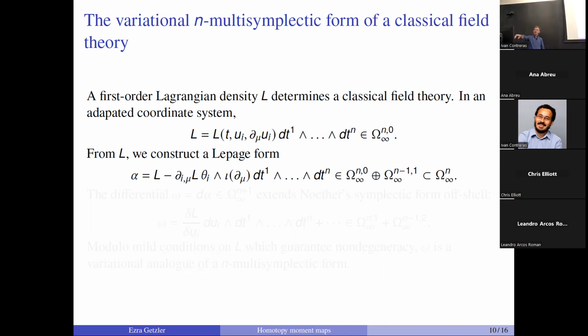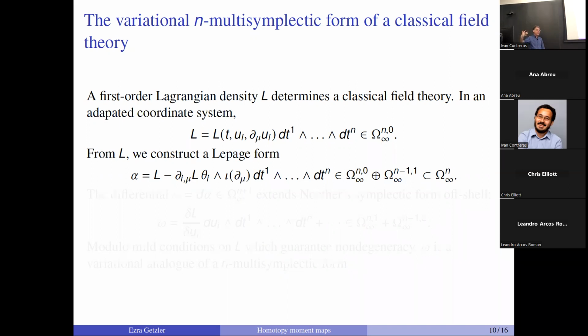So in short, you get the original Lagrangian density and an extra term involving partial derivatives of L with respect to the first derivatives of the fields. It's given by a very explicit formula in this local coordinate system. And so you get an (n,0) form and an (n-1,1) form.